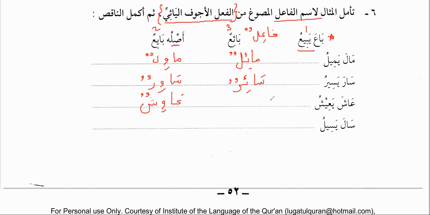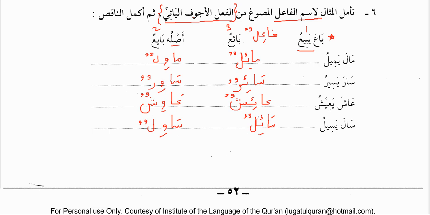So we have aishun. And sala, savilun. And now we have sa'ilun. So that's how we get our ismun file.